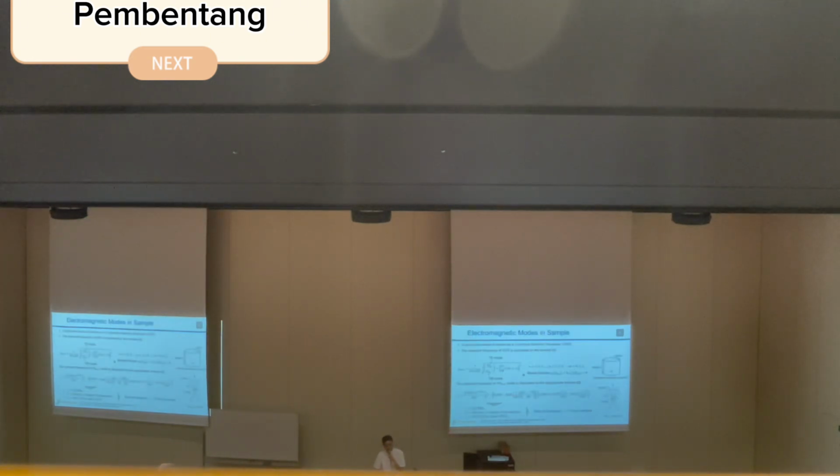So this slide shows how we can make a sample a resonator. A cylindrical sample is treated as a cylindrical dielectric resonator, CDR. The resonant frequency of the CDR is calculated by the formula here, and we can see TE modes or TM modes.